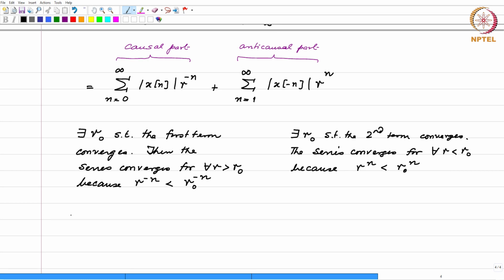Now, let us assume, let R1 be the smallest radius for which the first term converges.